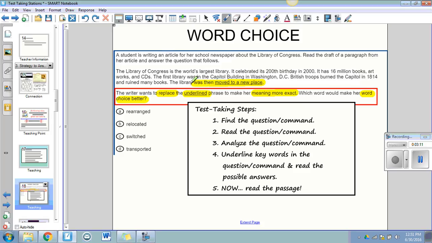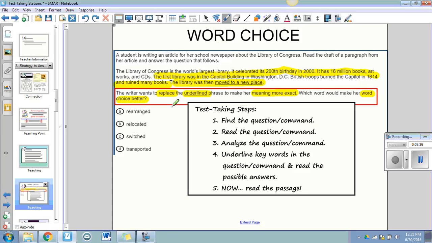So here it is, move to a new place. I may look at the sentence before as well to help me find my correct answer. It says the first library in the Capitol building in Washington, D.C., British troops burned the Capitol in 1814 and ruined many books.